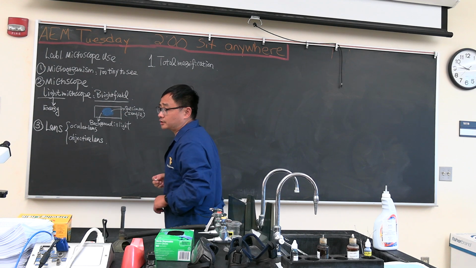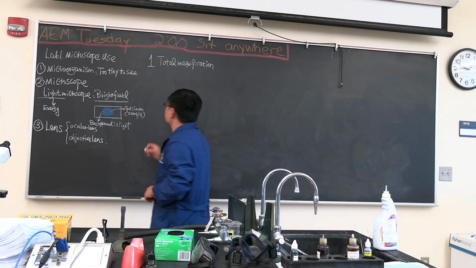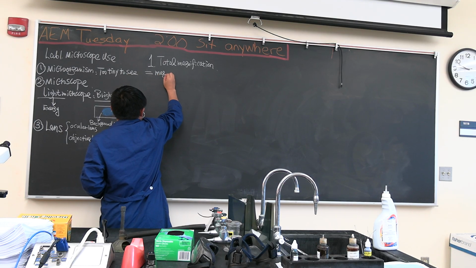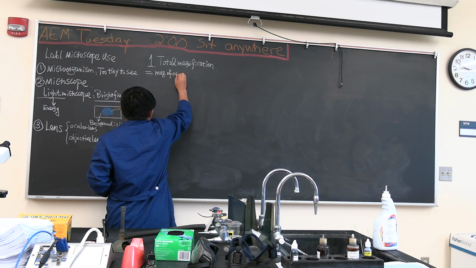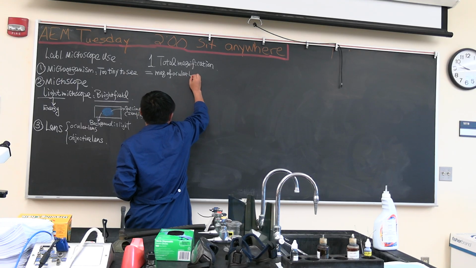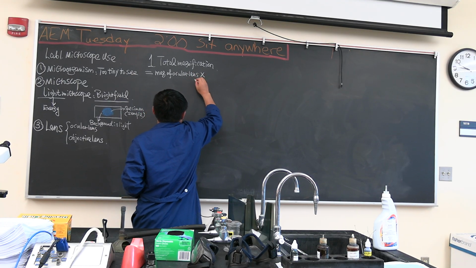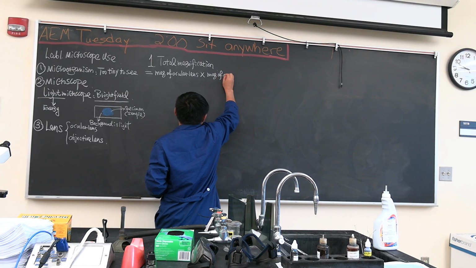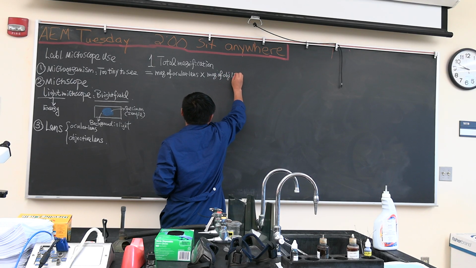How do we calculate the total magnification? It's very easy. It is the magnification of the ocular lens multiplied by the magnification of the objective lens.